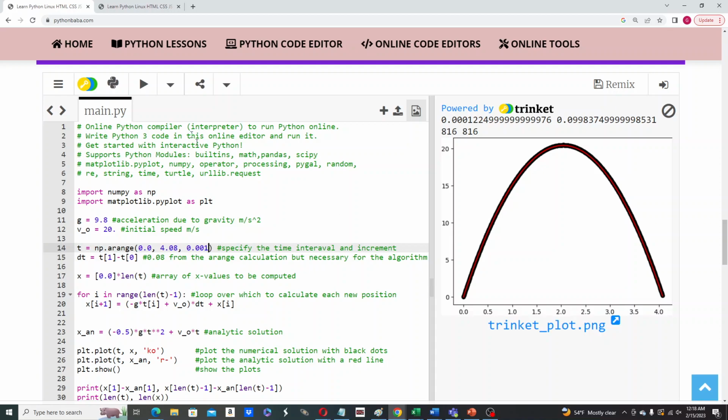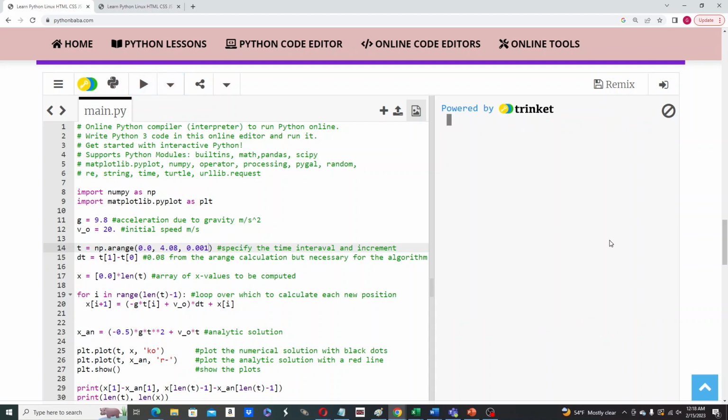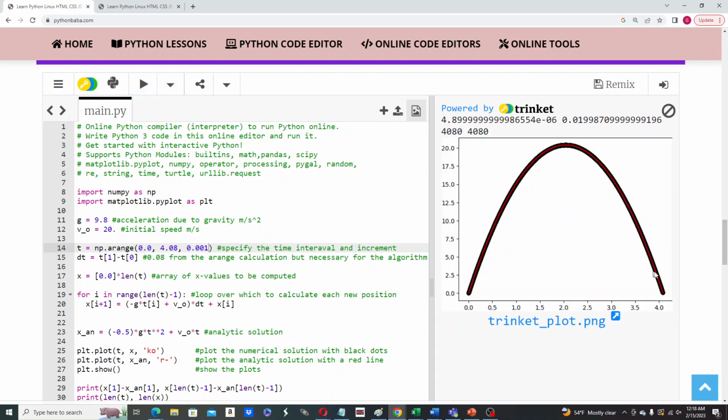And usually at this point, for a lot of purposes, this would be sufficient. We're down into the centimeter range for the deviation at the end, and the black dots and the red line are lining up just fine. So for an elementary application, this would probably be good enough.